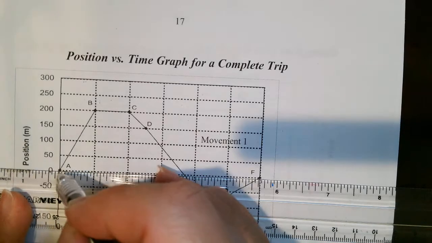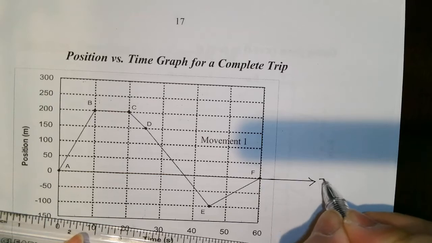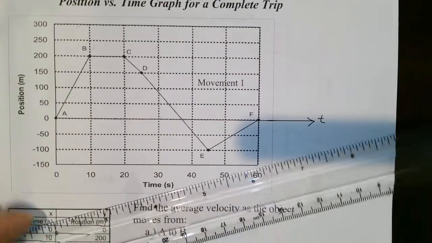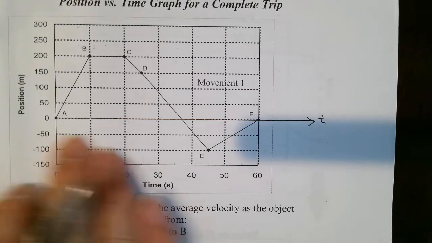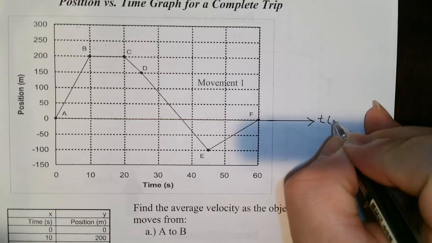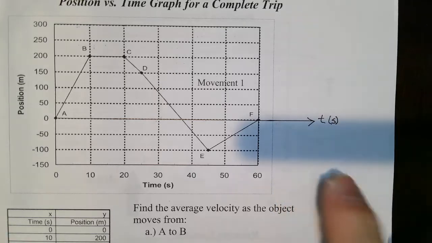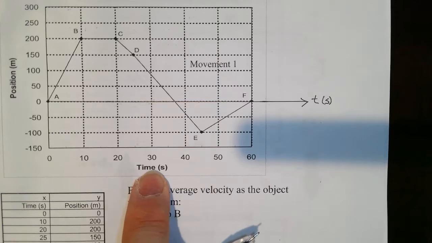So here is my time axis. I would always define that and draw it in, so I know where my reference points are. And this time axis value will be in seconds. It says it right here. Okay.